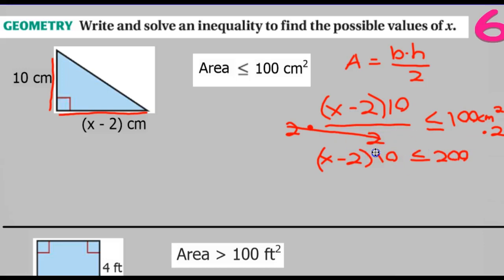Now, I can distribute the 10. Doesn't matter that it's behind our problem. I can still distribute it. So we get 10x minus 20 is less than or equal to 200.